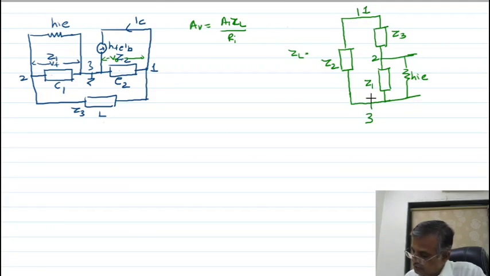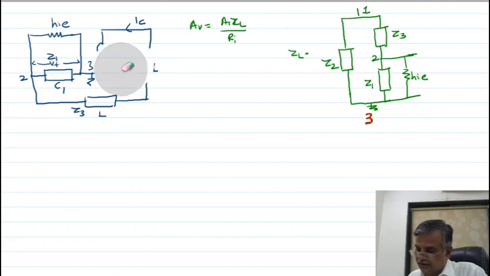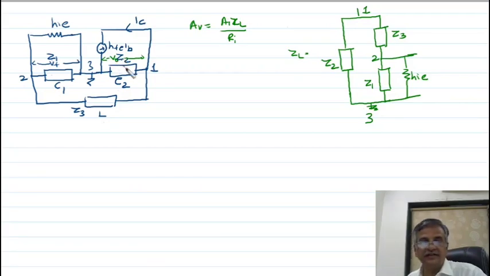This is your ground, and this is terminal number 3. This is terminal number 1. So this is your ZL, meaning the output voltage is developed across Z2. I cannot consider only Z2, because with Z2, Z3 is there and Z1 is there, so I have to consider all the effects. That is why I have drawn it like this.